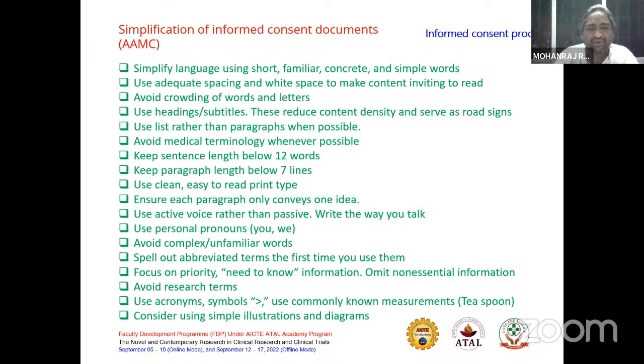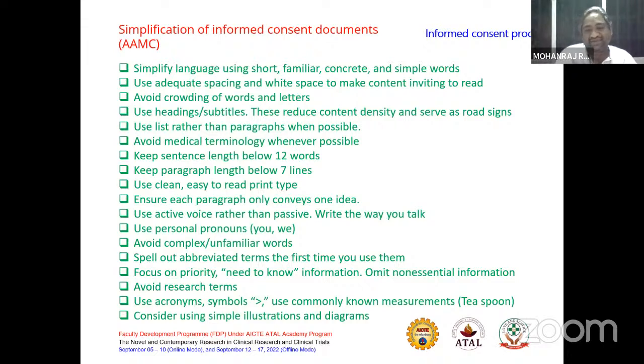Avoid medical terminology wherever and whenever possible. For example, edema is a clinical term, so you can write bulging or swelling. Transdermal, write under the skin. Take the terminology and put it in a way that is better understood by the patient.